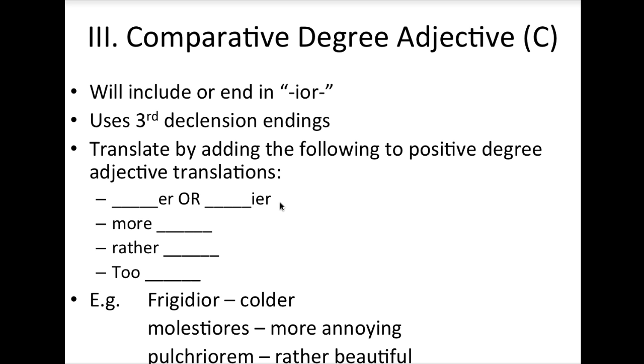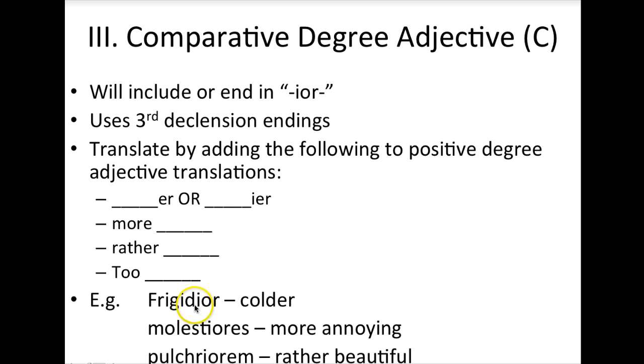You aren't going to say annoyinger. It just doesn't sound right. So we would say instead, more annoying. So imagine the blank here is just some positive degree adjective you'd like to use. We could also do rather annoying or too annoying. Those are your comparative translation options. So in Latin, we've got frigidior.